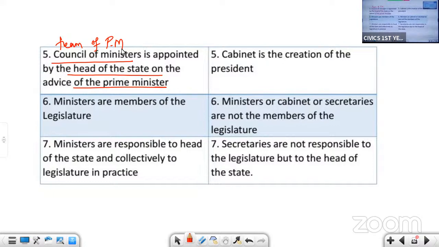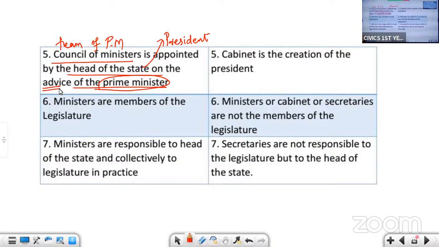Who appoints them? They are appointed by the head of the state. Who is the head of the state? It is the president. The party which secures majority in the lower house, the leader of that party will be appointed as the prime minister. Then the prime minister will select his team from his party, and he will advise the president, the head of the state, to appoint them.